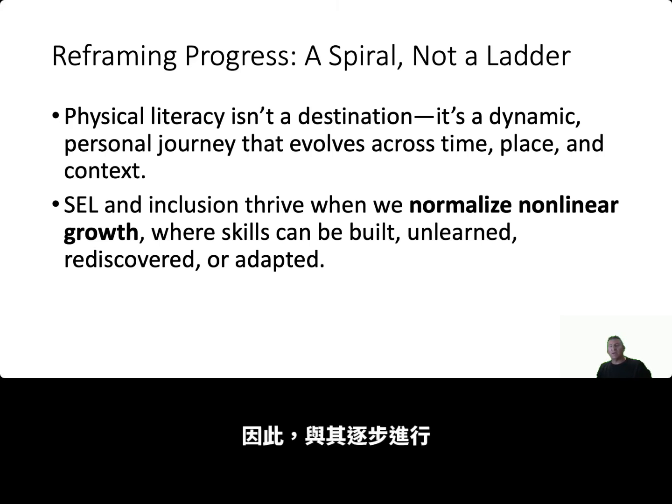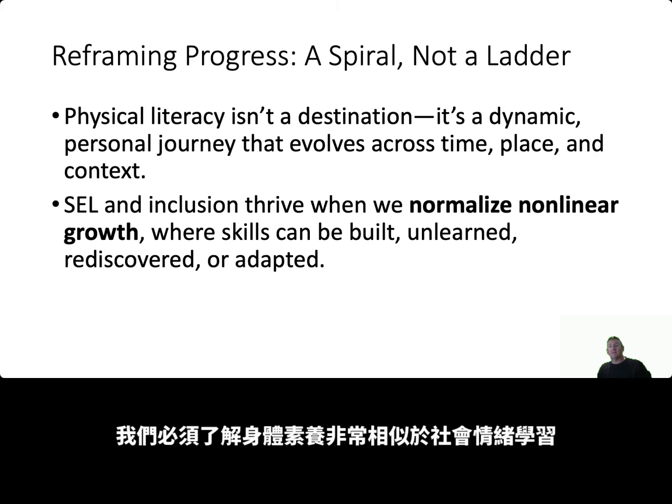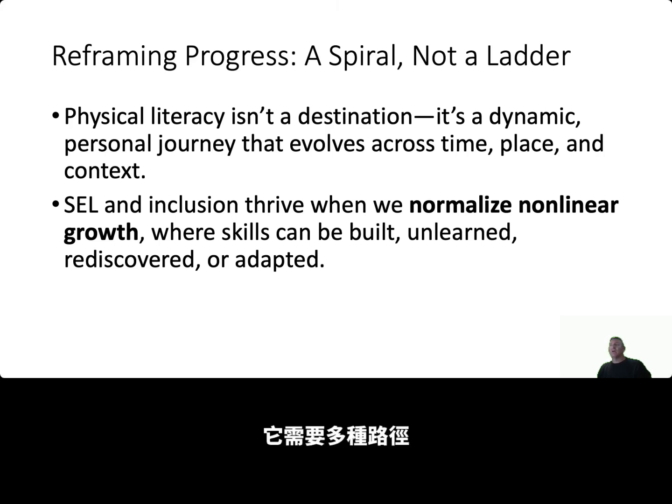As opposed to having step by step levels of progression, we have to realize that physical literacy, very similarly to social emotional learning, requires various paths. Progression, regression, stagnation, fast, slow, all of these things are important to consider when we're looking at the social and emotional learning of all students.